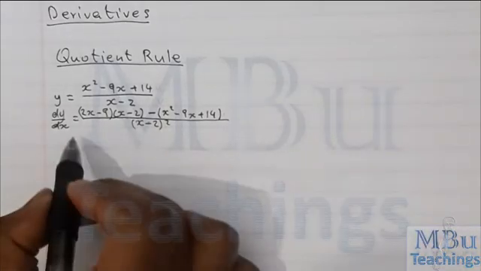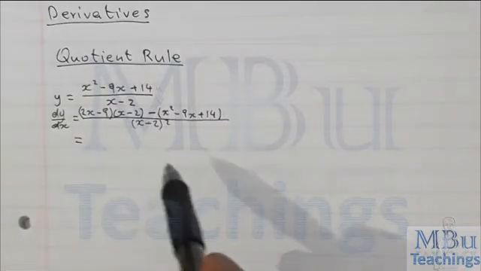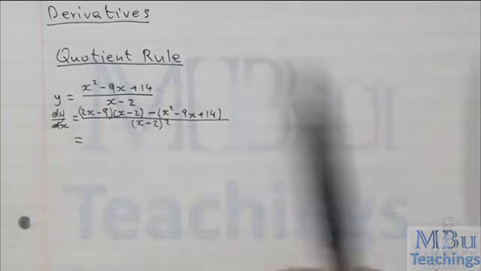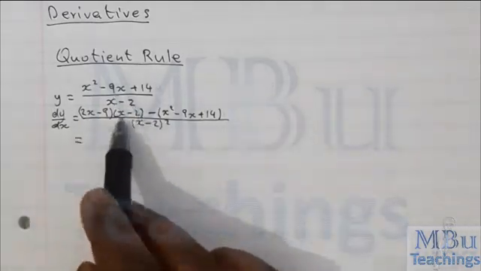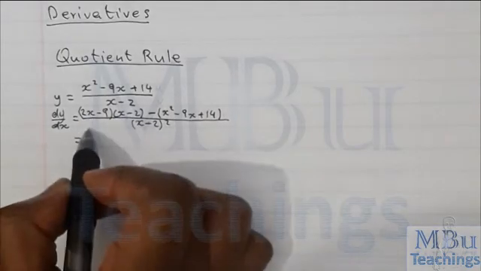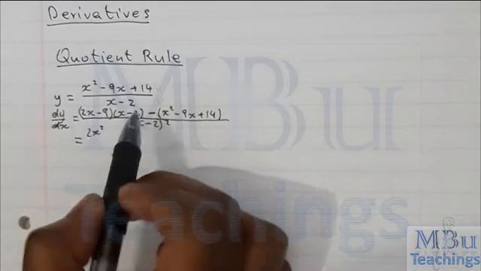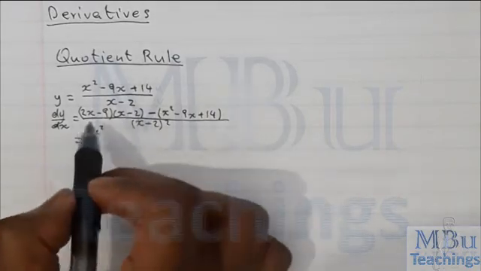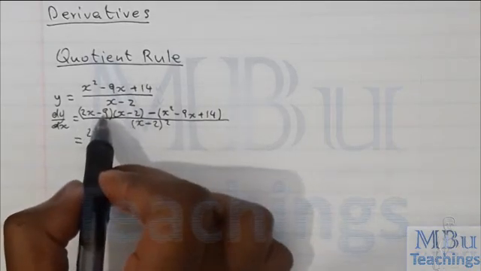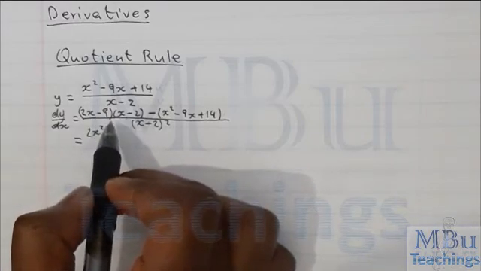Alright, that's how you do it. You can leave it here, but today I want us to simplify this one. Why I want us to simplify it is because I want to prove it using another method. So you'll have 2x times x, that is 2x squared. Then you have 2x times negative 2, that is negative 4x. Then negative 9 times x, that is negative 9x.